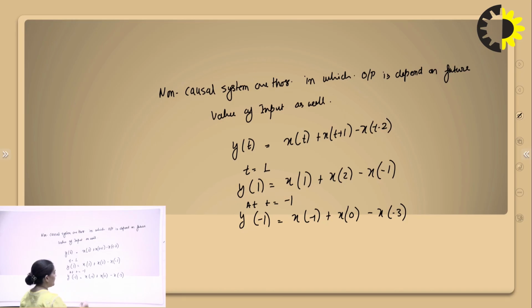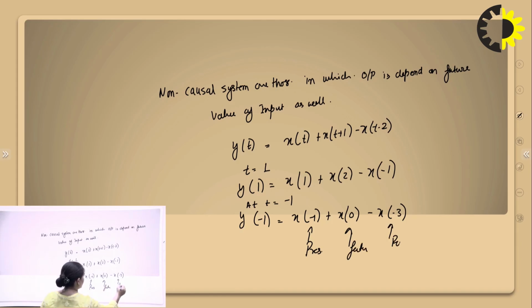So what we have is this is the present value, this is the future value, and this is the past value. So we have all kinds of values here: present, future and past. If the system depends upon the future value also, rather than only the past and the present, then that system is a non-causal system.